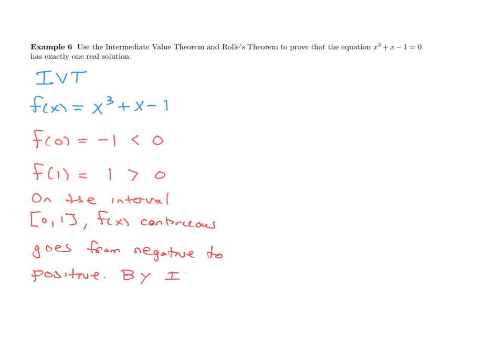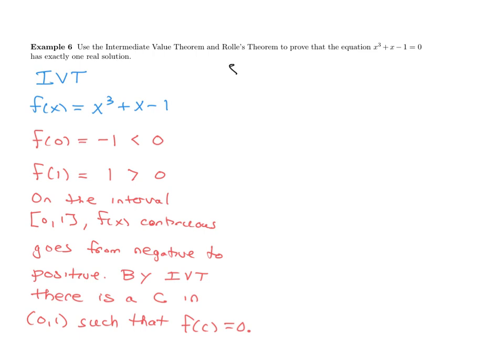By the intermediate value theorem, there must be a place inside the interval where it equals 0. So I'll say there is, by the intermediate value theorem, a number c in the interval from 0 to 1 such that f of c is 0. This means we found a solution to this equation. We're going to use Rolle's theorem to show that there can't be a second one.